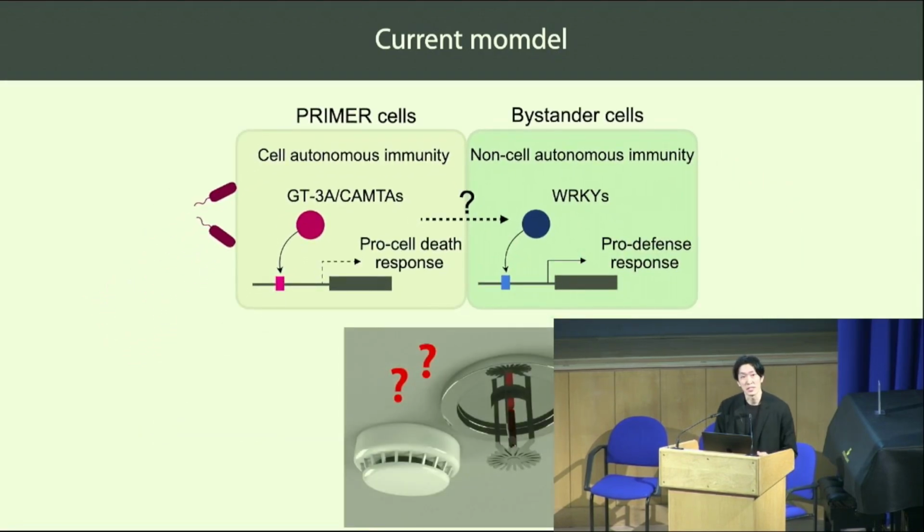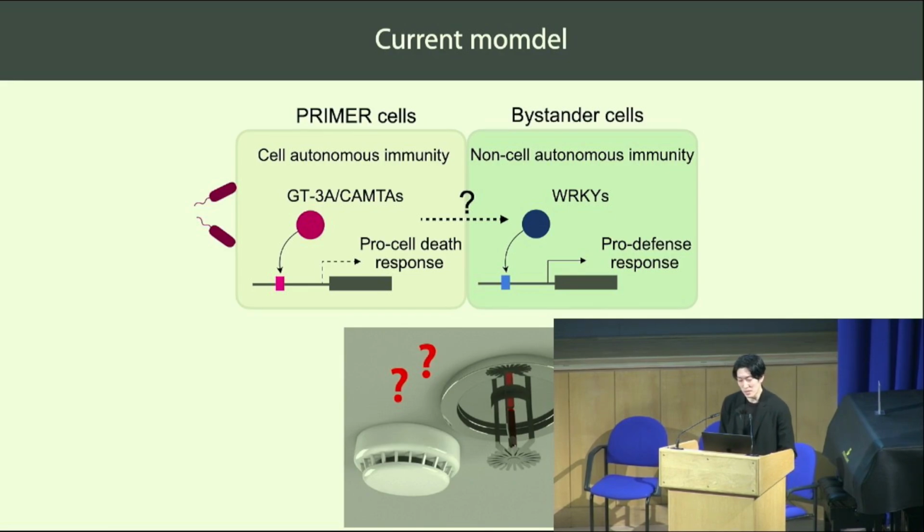Kind of an inaccurate analogy to understand this cell population is that primer cells may be more like a smoke detector, which detects pathogen infection. And bystander cells may be like a sprinkler that actually splashes water to extinguish fire. So we speculate that bystander cells may be the ones that are actively fighting against pathogens or suppressing pathogen growth.